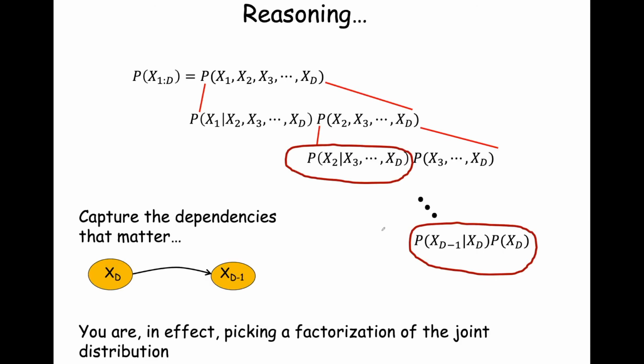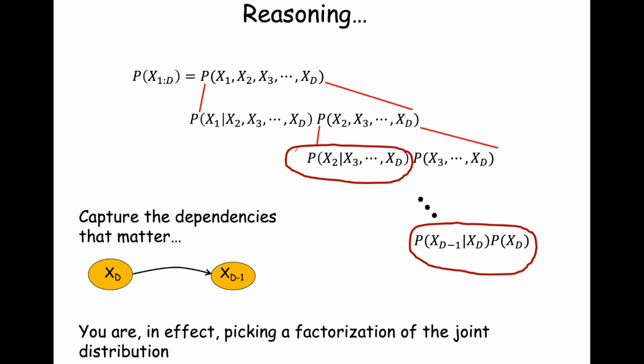In capturing the dependencies that matter, you're in effect picking a factorization of the joint probability distribution. We said when we talked about the chain rule, we peel off these query variables and condition variables, and each way of organizing them, applying the product rule again and again, represents a factorization.